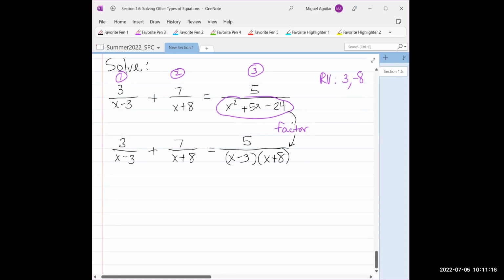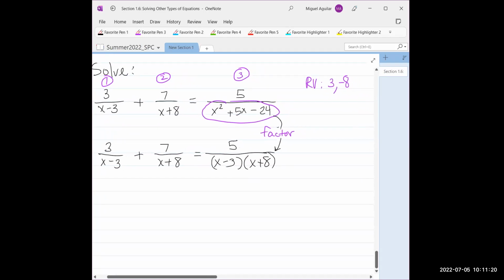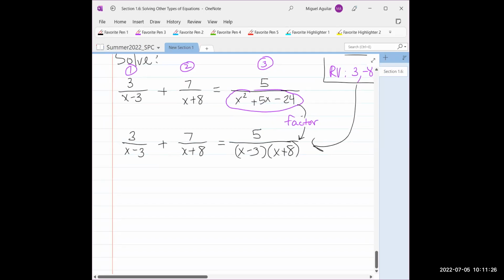Because if the denominators are in factored form, you can see that the two restricted values that we already have are restricted for this last term as well. So there aren't any different restrictions from what we already obtained.